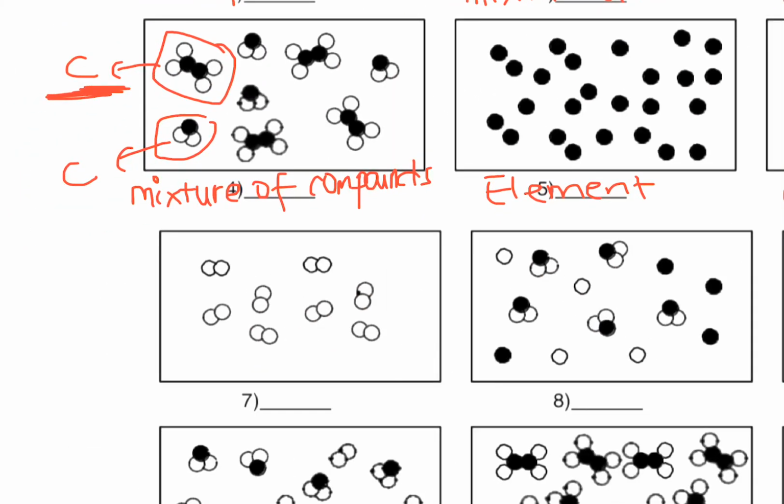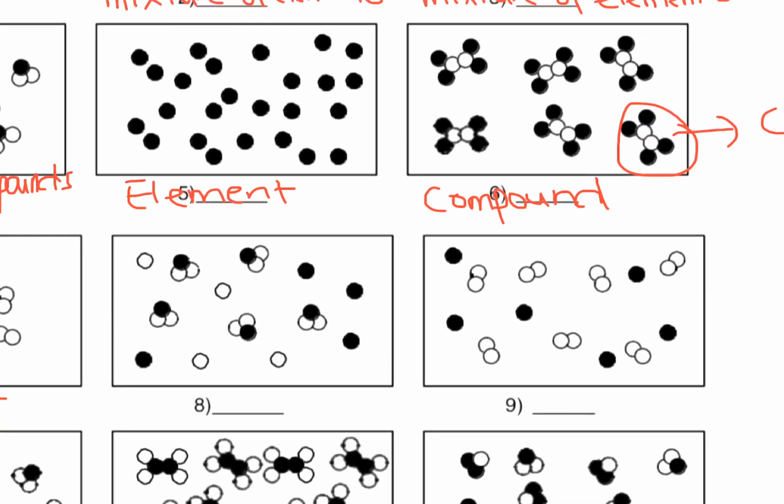Seven, so here, this is a molecule, right? So you have atoms chemically bonded. You have a molecule, but it's just the same atom twice. So it's just an element. Here you have an element. Here you have a different element.